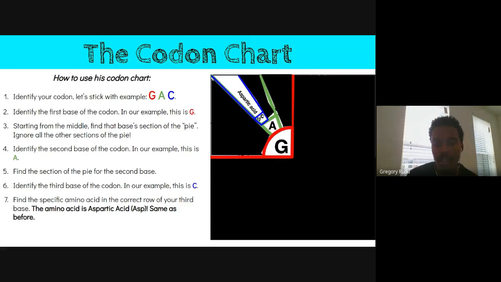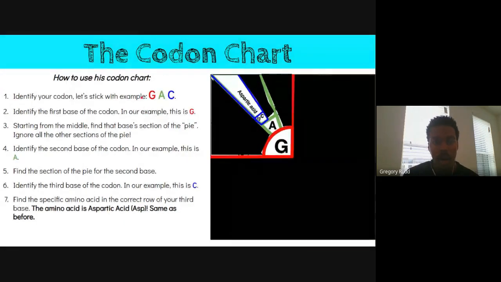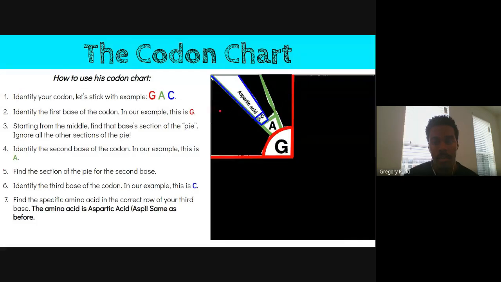Okay. So look, remember, a codon is a group of 3 letters. Here's aspartic acid right here. I can work backwards from aspartic acid.